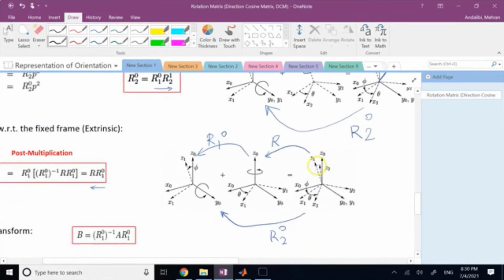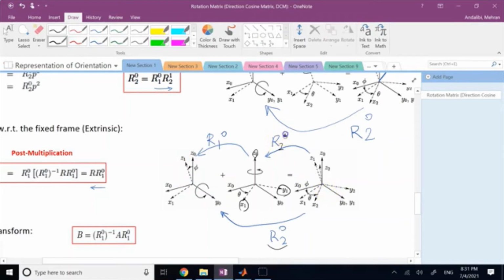Your frame 2 is not obtained by rotating about one of the axes of frame 1. If you see, my rotation is done about one of the axes of frame 0. What did I rotate about one of the axes of frame 0? I rotated frame 1 about the axis of frame 0. So I cannot call it R20, because that means I directly go from 0 to 2. I do some rotation to 0, which directly takes me to 2, right?